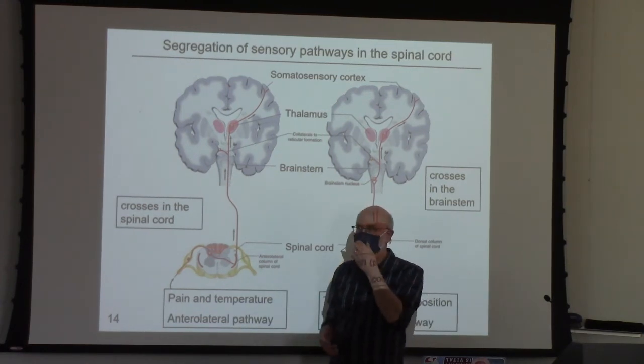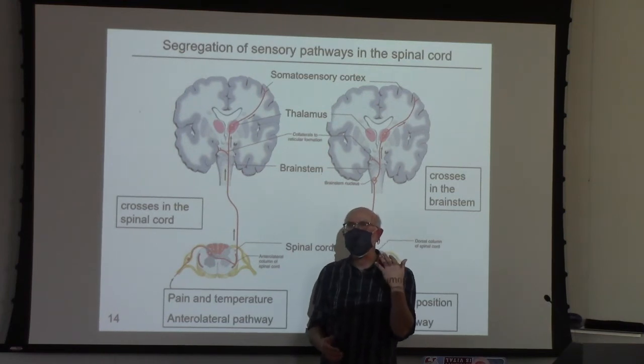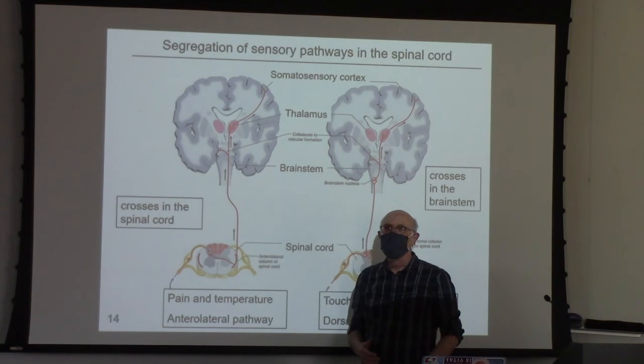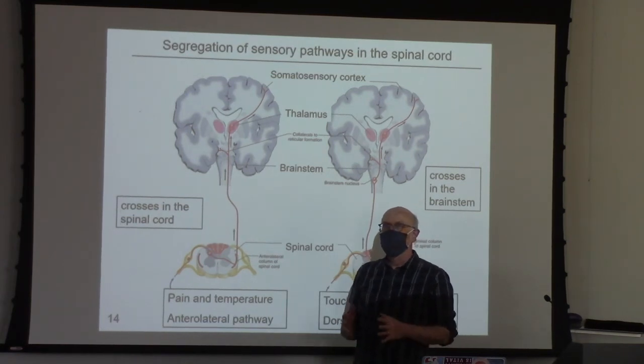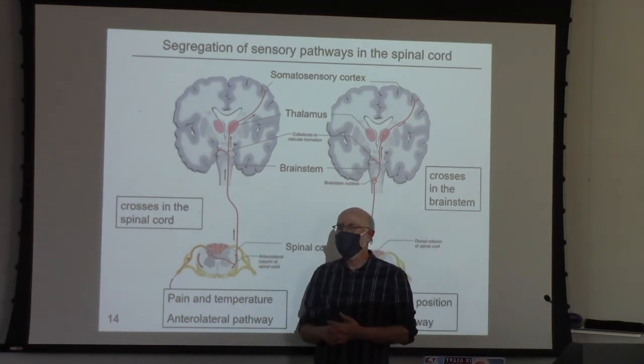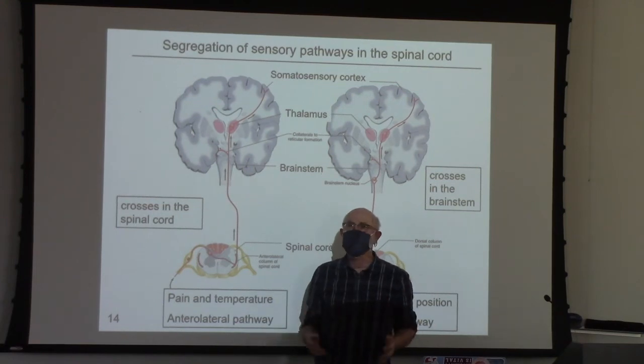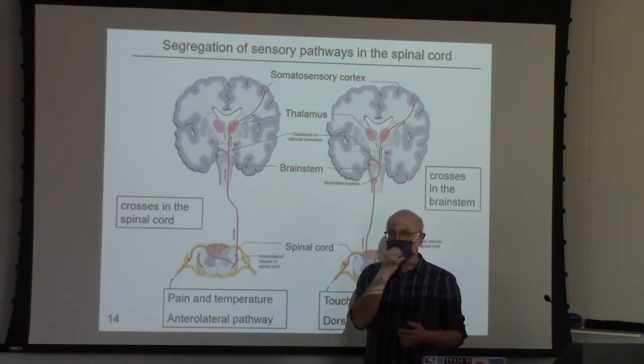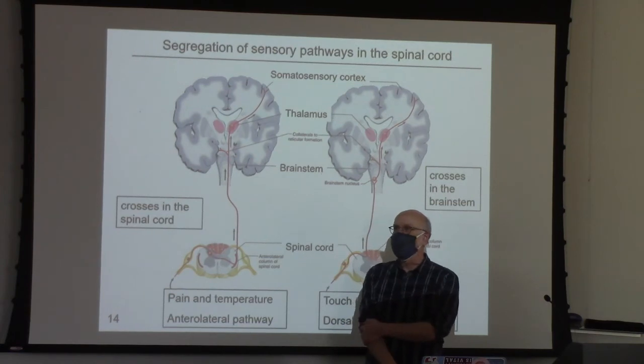Babies with that mutation, when they start to get teeth, chew the hell out of their tongue because it doesn't hurt. They break their bones and don't even know they've broken them. They burn their skin, they don't know it. So pain is a useful modality for survival, and those people don't survive very long, typically.